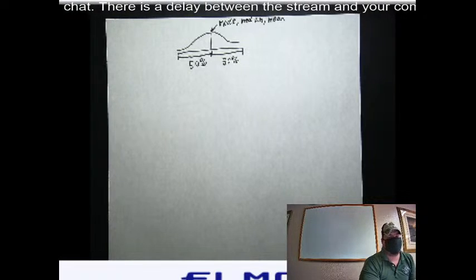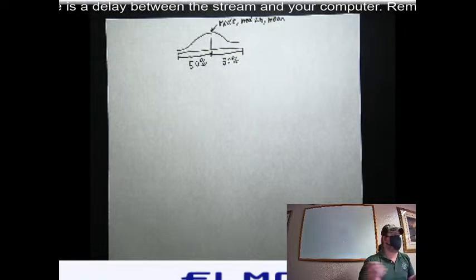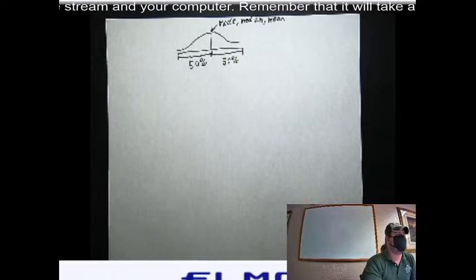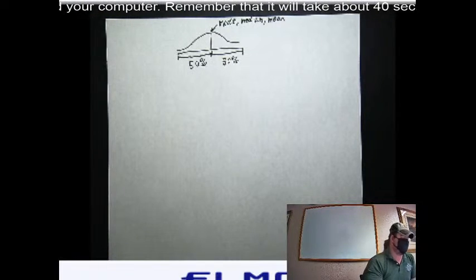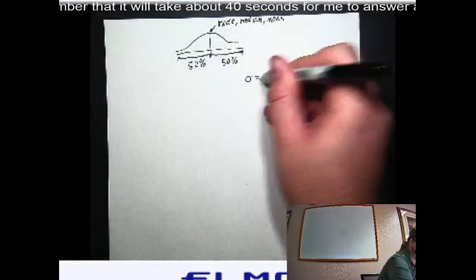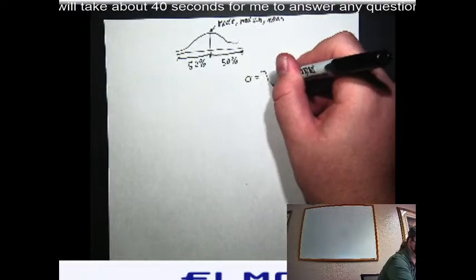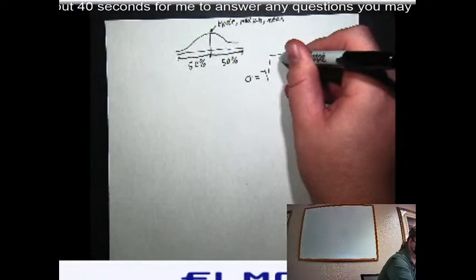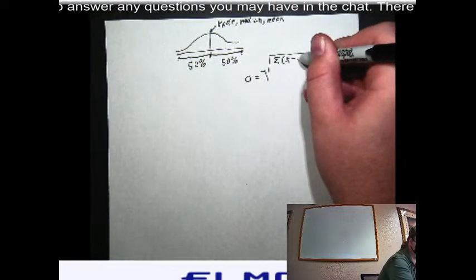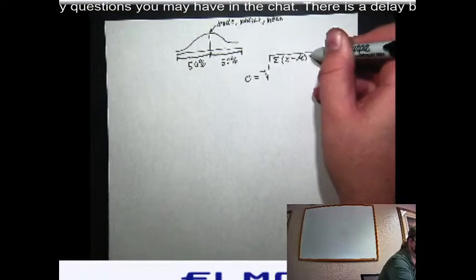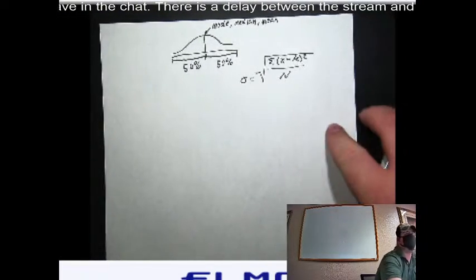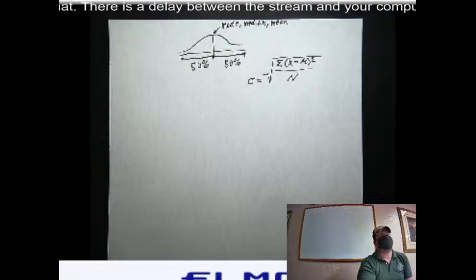Now we've also learned that we can measure and break up these distributions using what is called a standard deviation. So standard deviation, just as a refresher, is sigma equals the square root of the sum of all x values minus the mean squared divided by n, the number of data points we have.